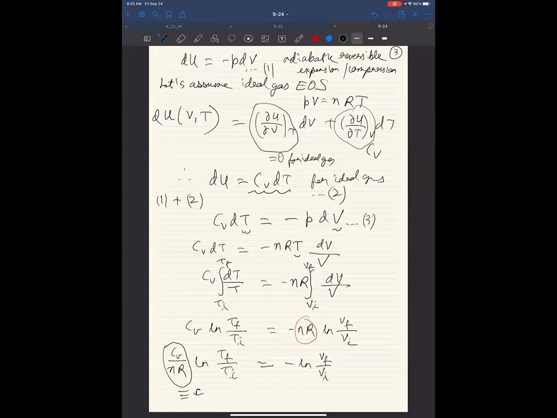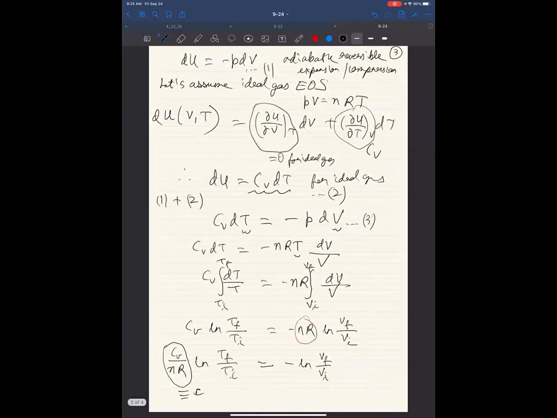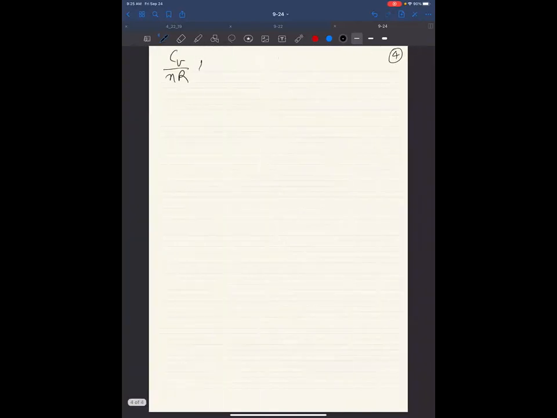Let's go to the next page. I'll write down this equation on the next page again. So we just showed that CV by nR multiplied by natural log of Tf by Ti is equal to minus natural log of volume final by volume initial.